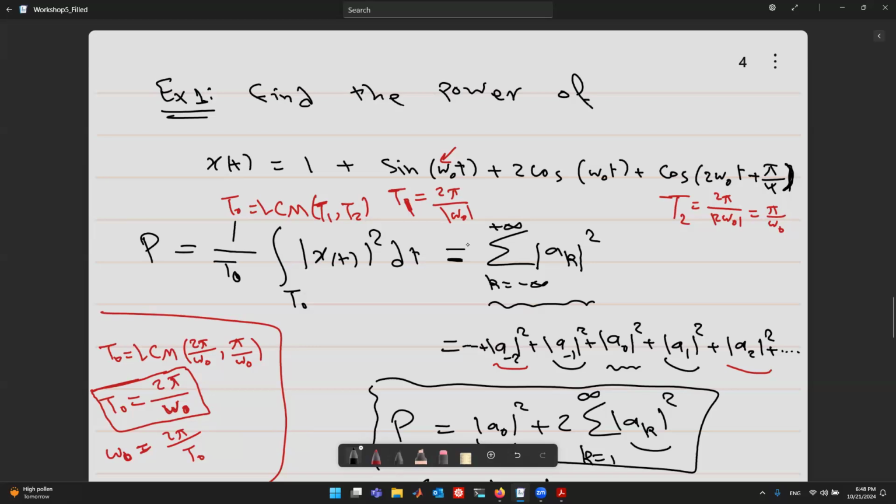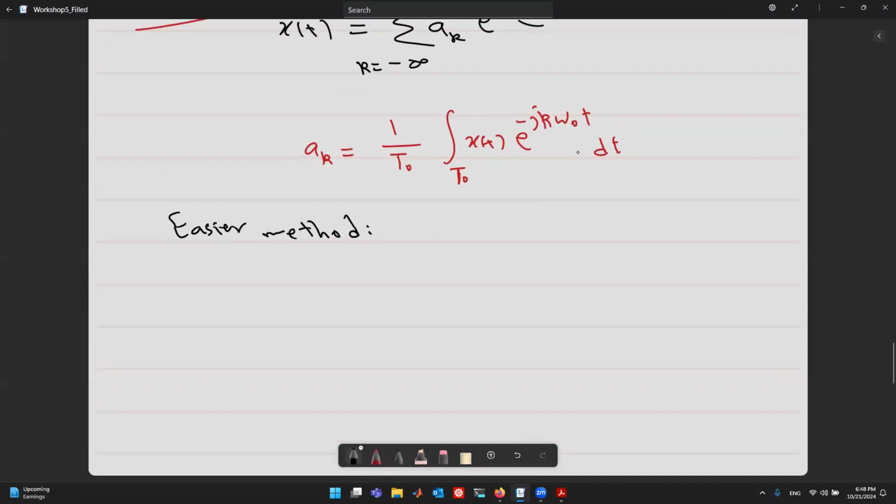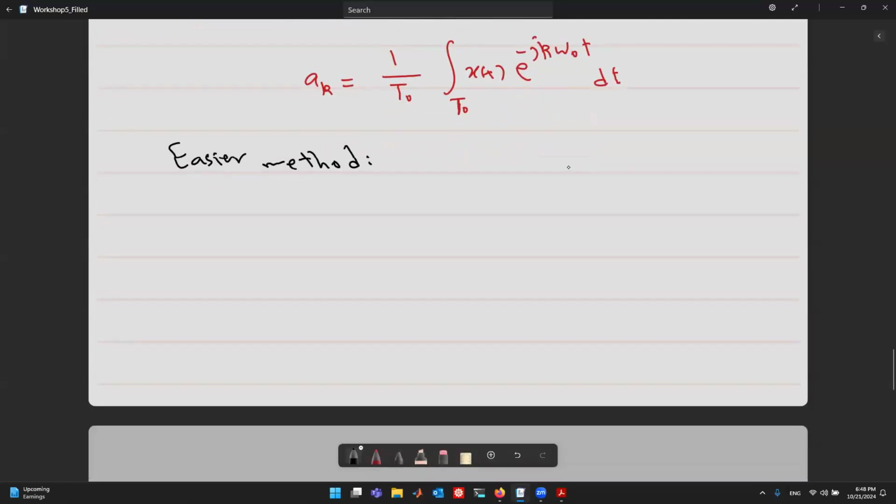There's an easier way to do this, as we have seen from the previous workshop. By using Euler's formula, we will rewrite each term of those. So instead of doing this integral, the easy method is using Euler's formula.